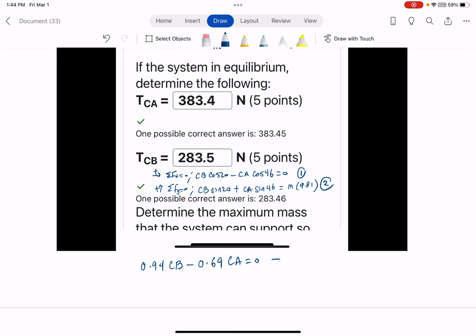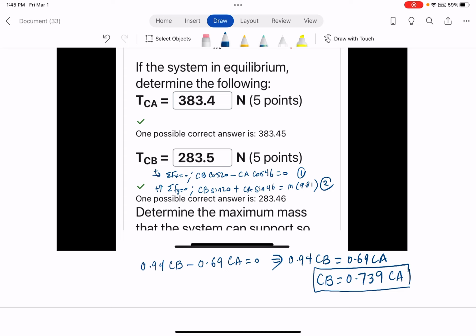So 0.94 CB equals 0.69 CA. When you divide 0.69 by 0.94, CB is equal to 0.739 CA.